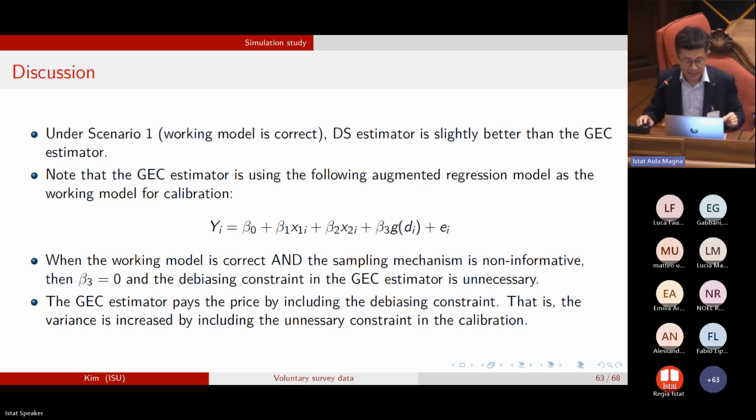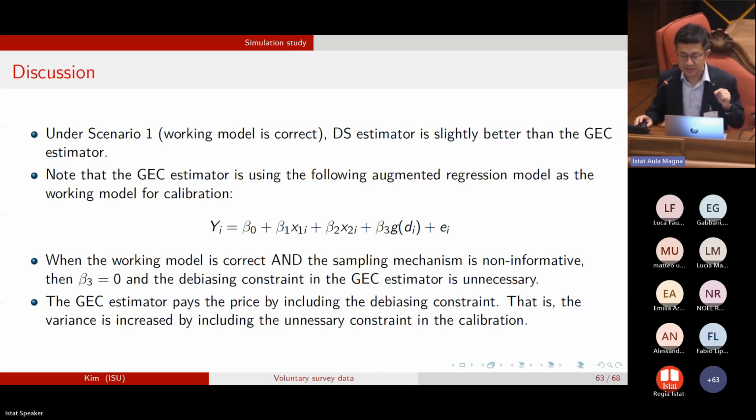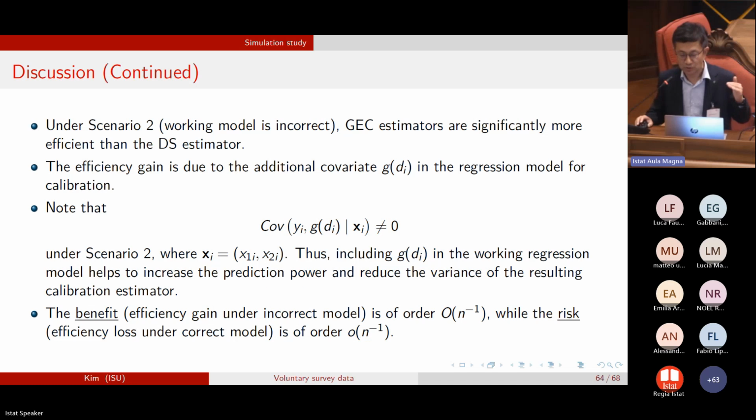The GC estimator pays the price by including the additional constraint, which is this one, so there's a loss of efficiency. But in scenario 2, even though this model is not the correct model, this additional term helps to capture the nonlinearity in the true model, because this additional term is partially correlated with y, conditional on x.